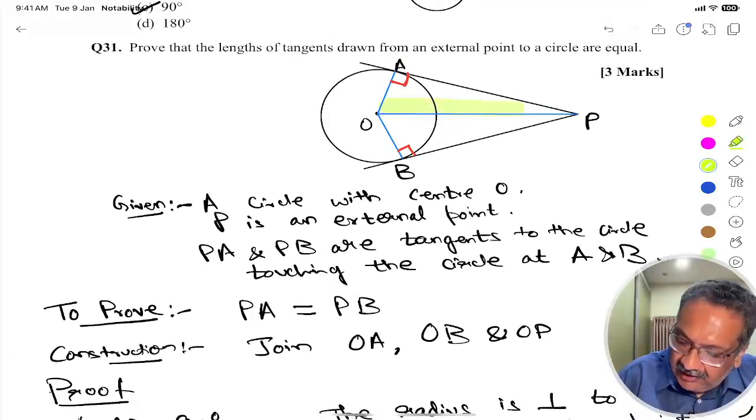OAP, this triangle, and OBP, this triangle. These two triangles we are considering now.